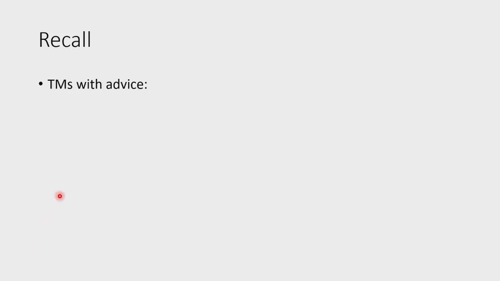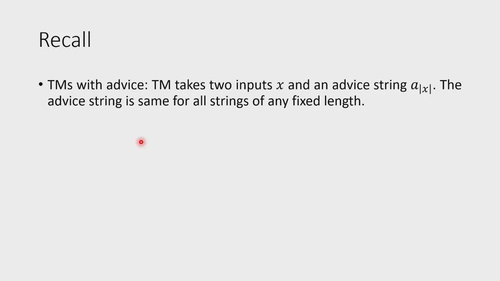Then you saw an equivalent way to define P/poly, and for that you saw what TMs with advice are. A Turing machine with advice is a Turing machine that takes two inputs, a string x and an advice string a(|x|).